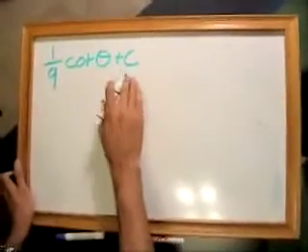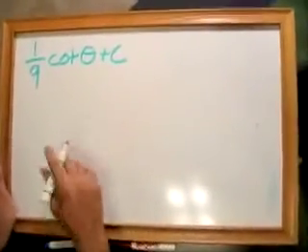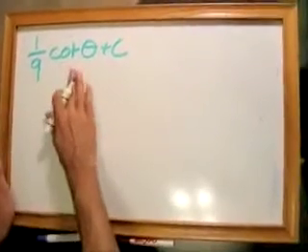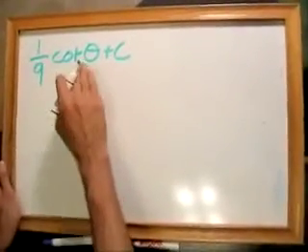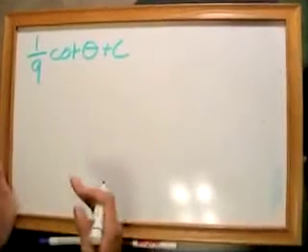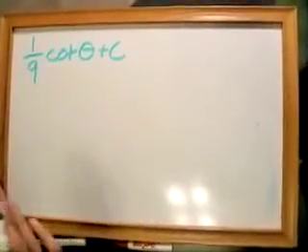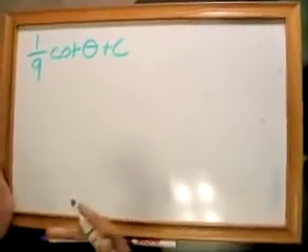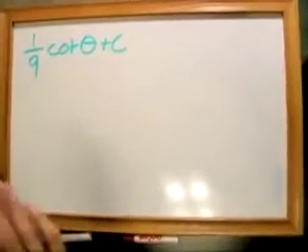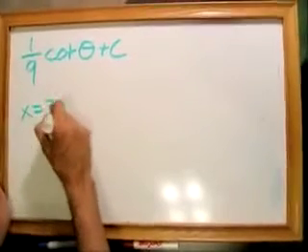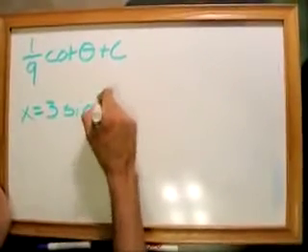Okay, so this is our answer from the last problem. I forgot to add on the C. Never forget your C's. That was bad. So what we have to do now is take it from a trigonometric equation that's in terms of theta and take it back to in terms of x. That's fairly simple to do, using some fairly basic trigonometry. At the start, we said that x was equal to 3 sine theta.